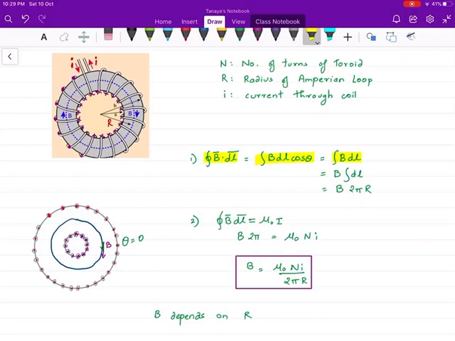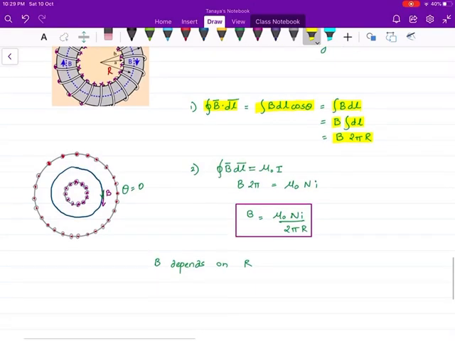B comes out because B is constant everywhere. This Amperian loop is a circle, so B comes out and we have the integral of dl. The integration of dl is 2 pi R, because it is a circle with radius capital R. So I get the integral of B bar dot dl bar as B times 2 pi R. Now equate it to mu naught I. That is our Ampere's circuital law.